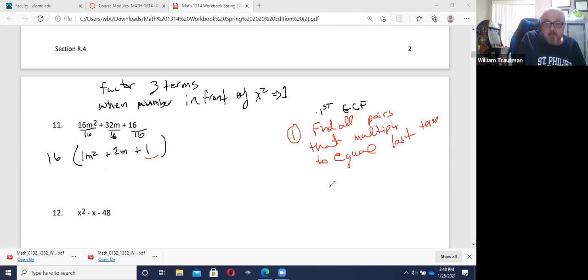So all the things that multiply together to equal 1 are 1 times 1. That's it. Step 2, add or subtract a pair to equal the middle term.